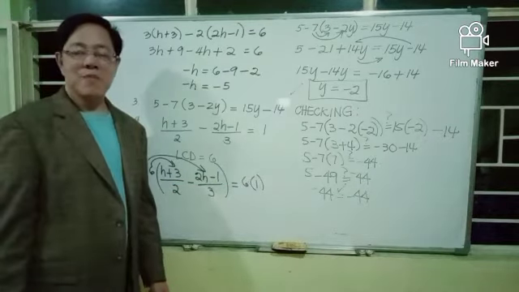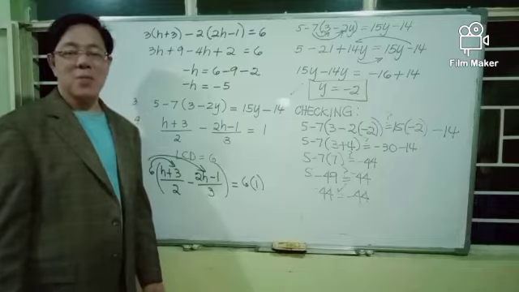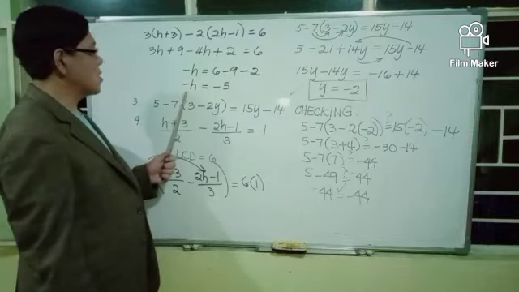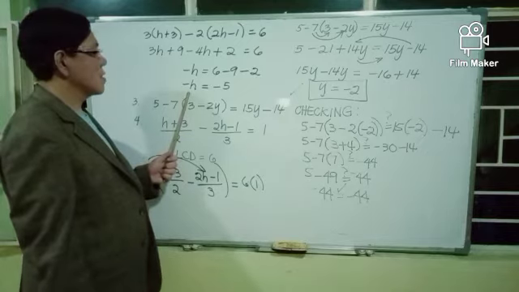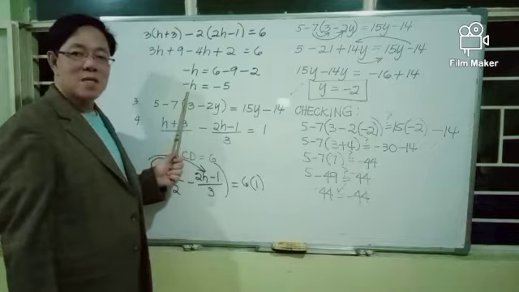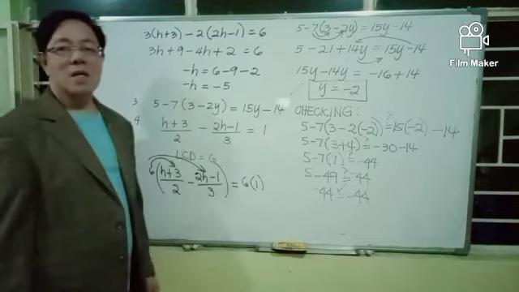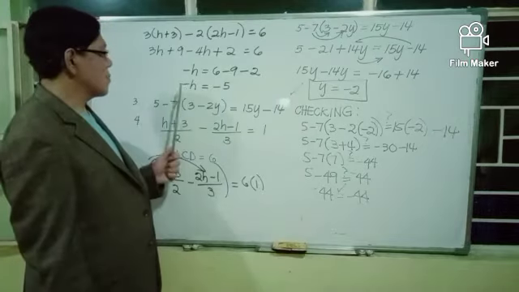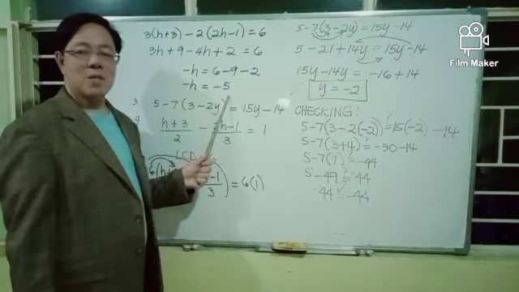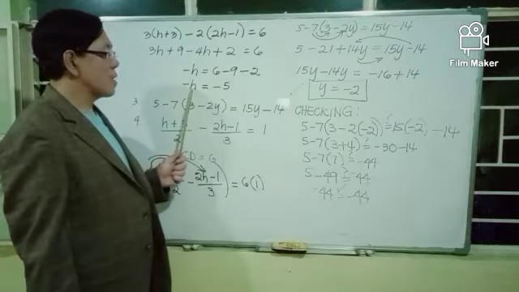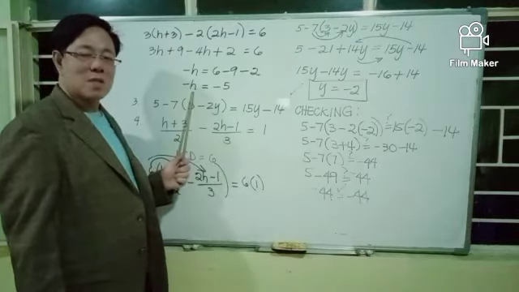Again, in the final solution, the coefficient of the variable should be positive 1. But here the coefficient is negative. So to make this positive h, we apply the multiplication property of equality. We multiply both sides of this equation by negative 1 to make the coefficient of h positive 1.